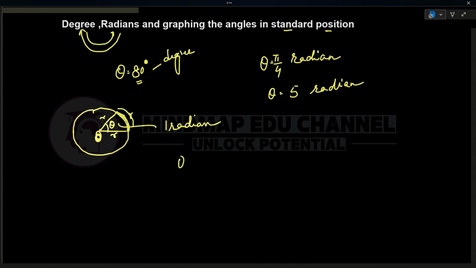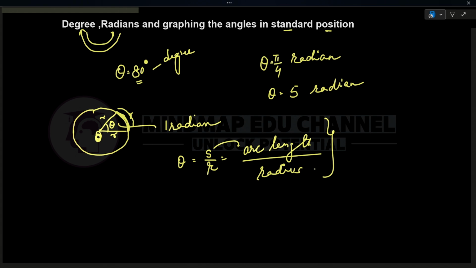Okay. Now, remember, you can find the angle theta subtended at the center in radians by the formula S over R, where S is the arc length and R is the radius of the circle. So, this is how you can find the angle in radians when the arc length and radius are given.